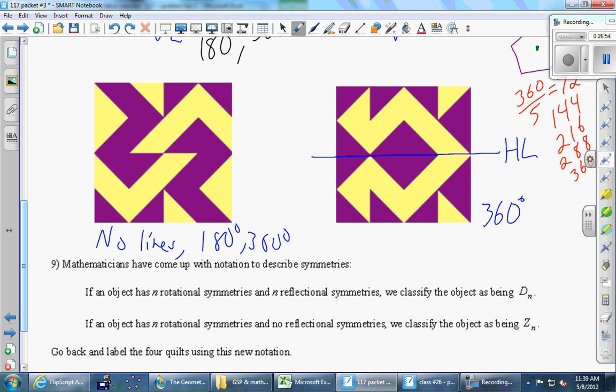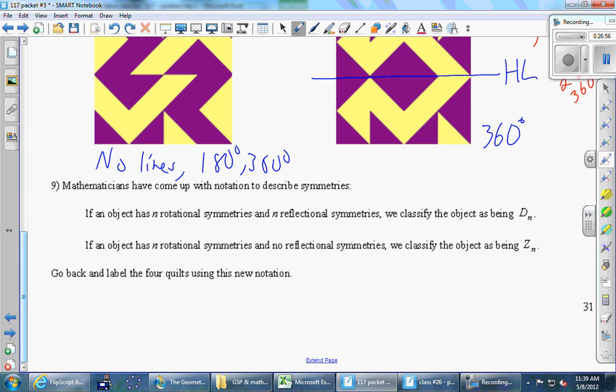So let's see if we can give names to the 2 different kinds of things that we can have up here. Where are we now? Alex went, Justin, number 9. Mathematicians describe an object as having n rotation.